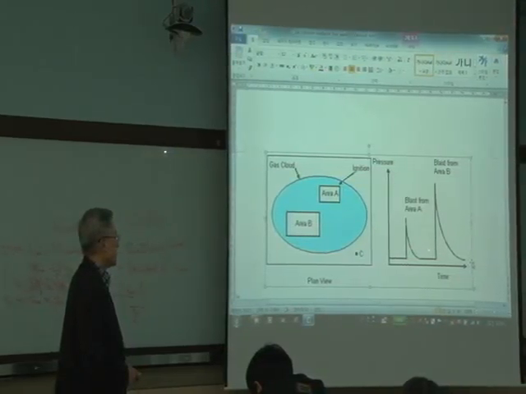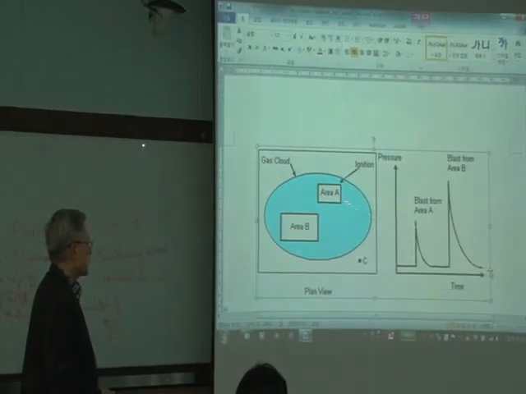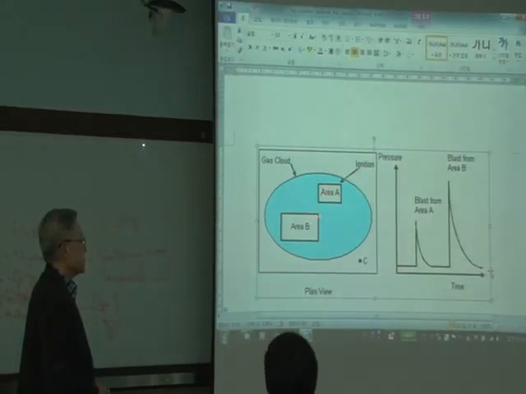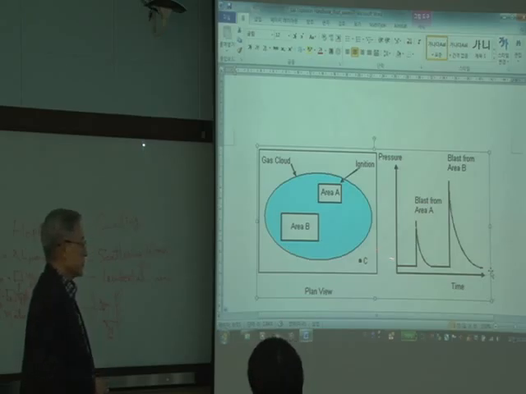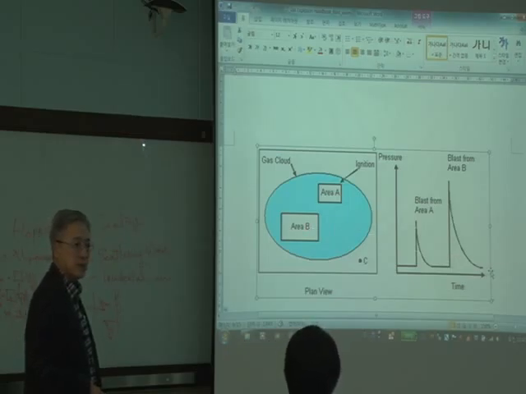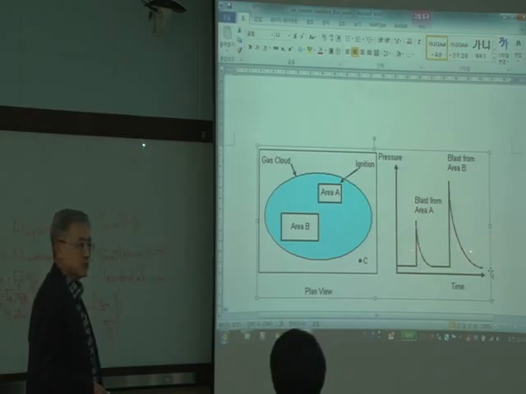Then from area B comes the second. So two different gas explosions could occur. This one is the explosion due to area A, and this is due to area B. So you can just use that sort of assumption.